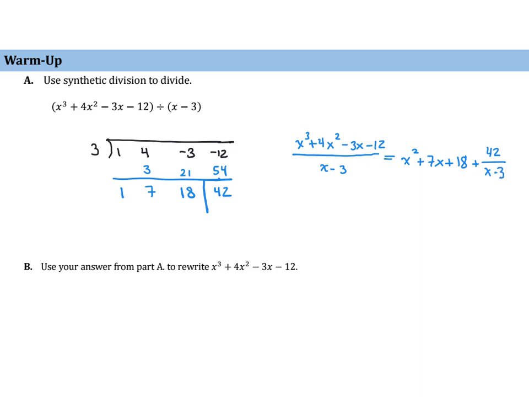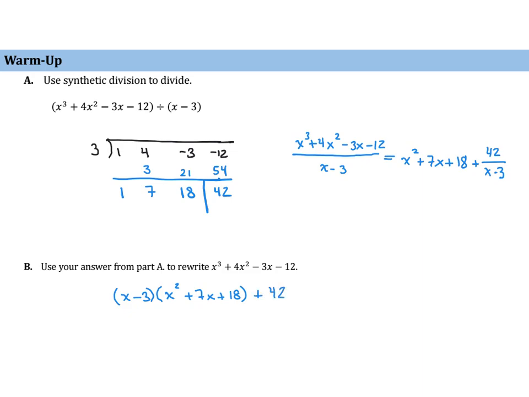Now, if we think about this and we want to go backwards, we can take the divisor times the quotient plus the remainder. And so we would obtain x minus 3 times the quotient, x squared plus 7x plus 18, plus the remainder.